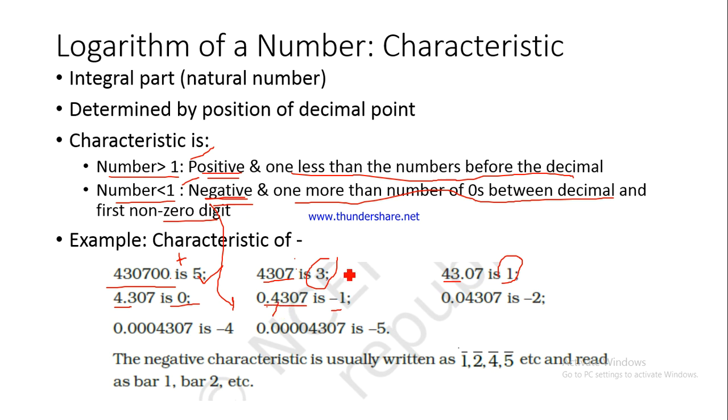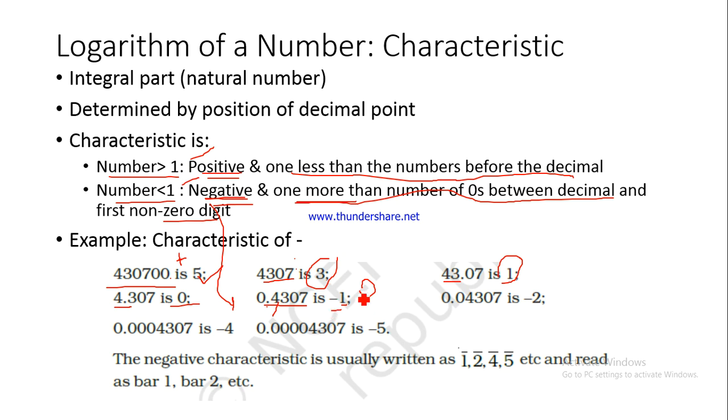So which means the number of zeros between decimal and first non-zero digit is basically 0 here. So you'll have to add up 1. So it is 1 more means you'll have to add up 1, and that is why this 1 has been mentioned here. And negative we have already understood, since this number was less than 1.